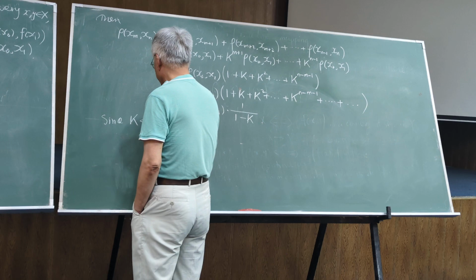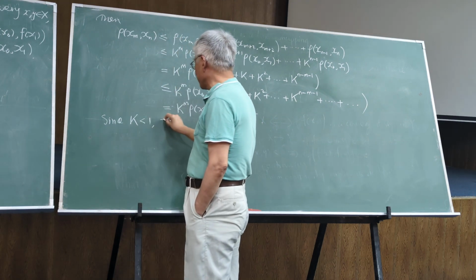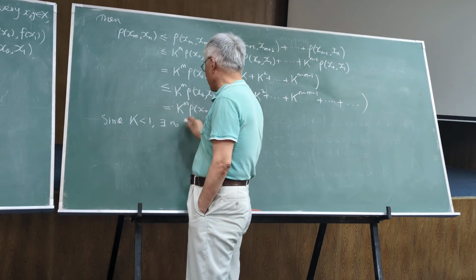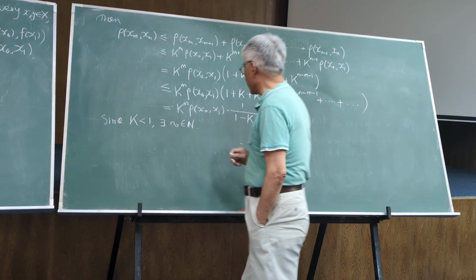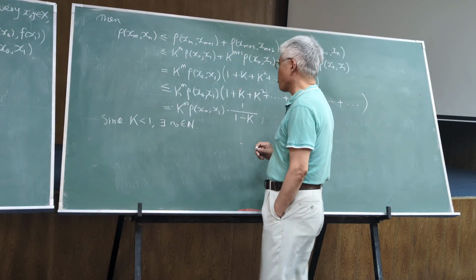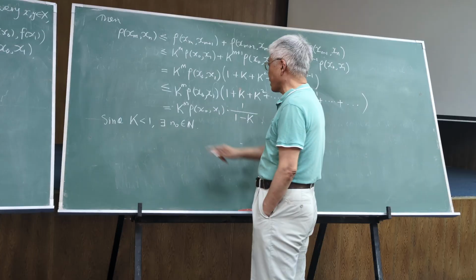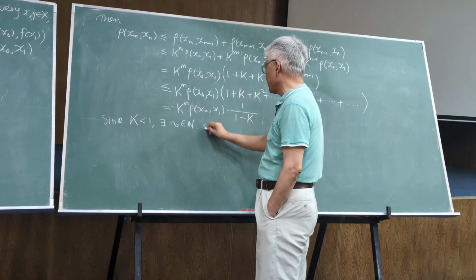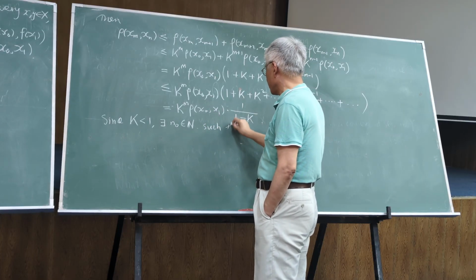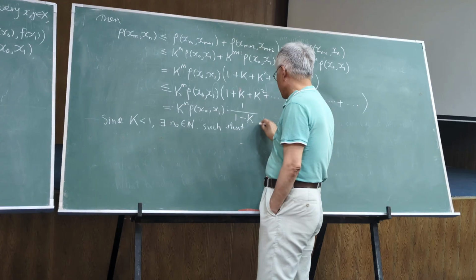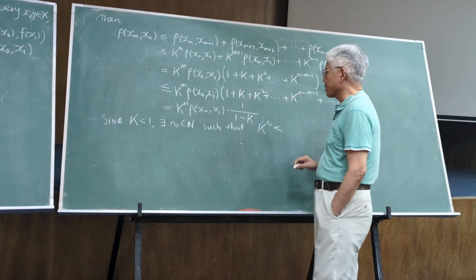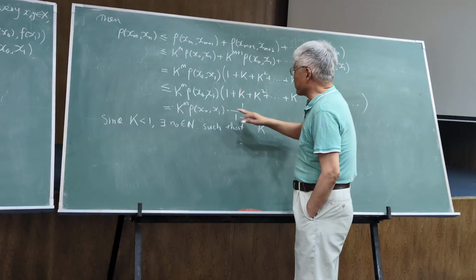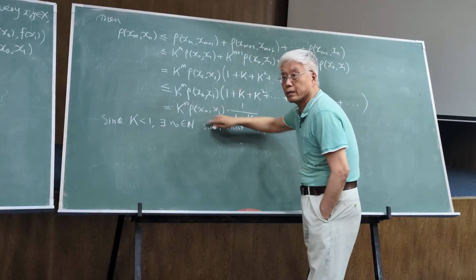k is less than 1. There exists n0, a natural number, such that k to that natural power is smaller than epsilon divided by this constant.